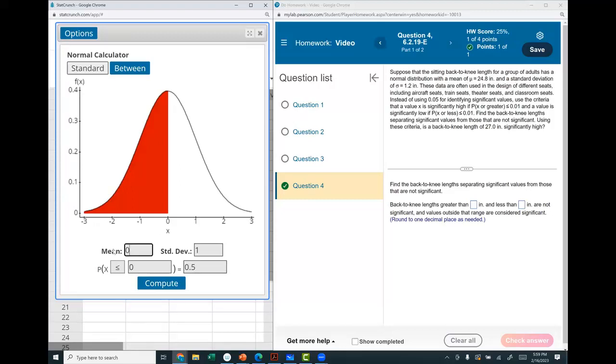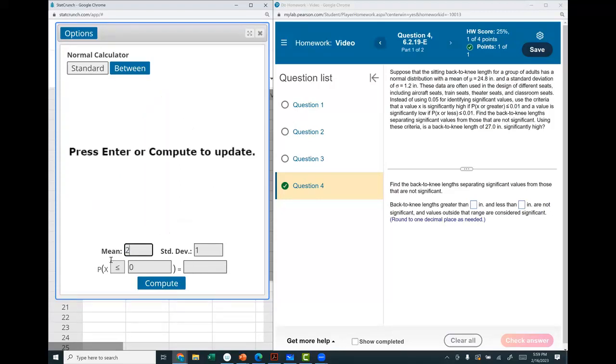So we have a mean of 24.8 and a standard deviation of 1.2. And it says, these data are often used in the design of different seats, including aircraft seats, train seats, theater seats, and classroom seats.